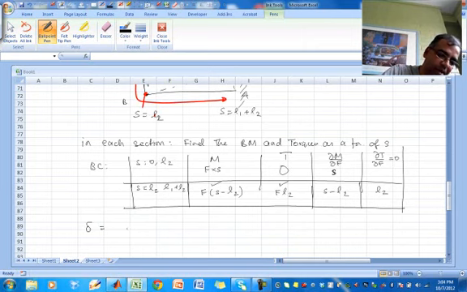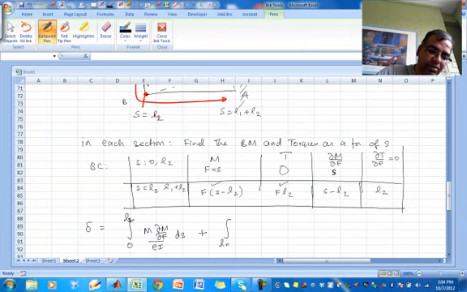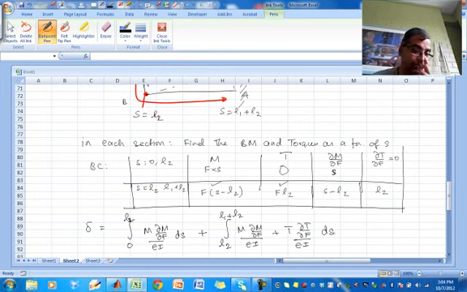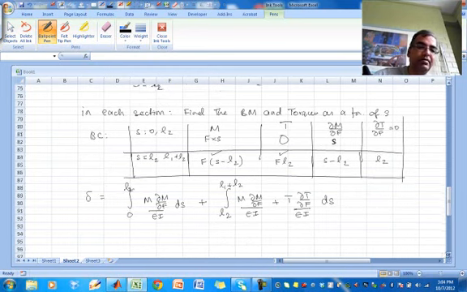So my displacement will be integral 0 to L2 of M dm df over EI ds, plus integral L2 to L1 plus L2 of M dm df over EI plus T dt df over EI ds. So let us see if we can do these integrals and then you will get the answer.